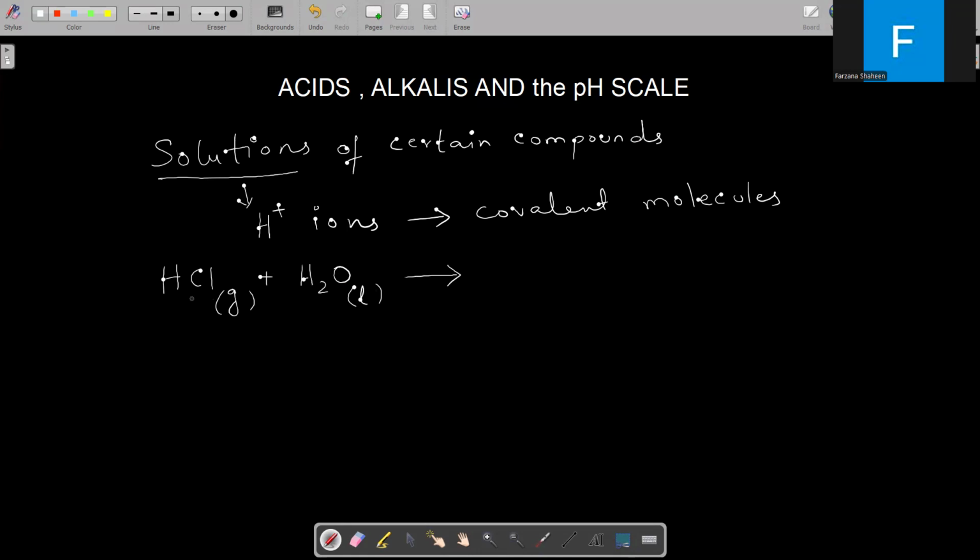So what happens when HCl gas is bubbled through water? It becomes an aqueous solution, and in that solution HCl is ionized. It becomes H plus ions and chloride ions.